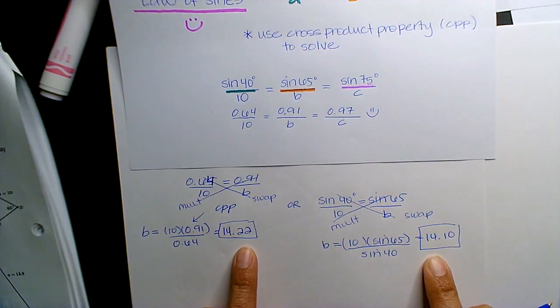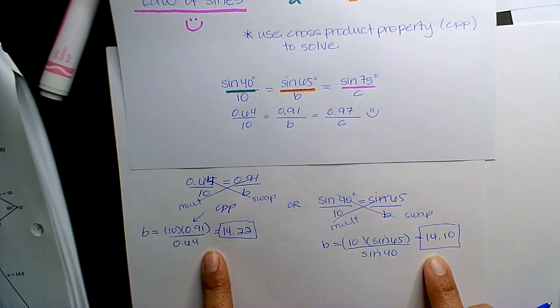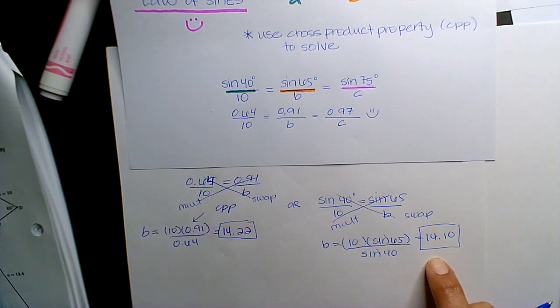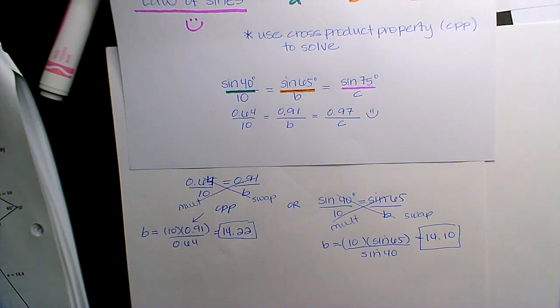So if you notice, we're 12 hundredths off, and that's because here I've been rounding. Here I estimated, so my sig figs are not there. Here I didn't round, so this answer is a bit more precise, but you just have to realize what you prefer.